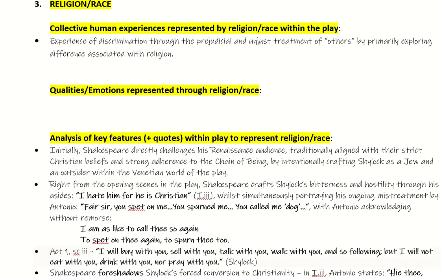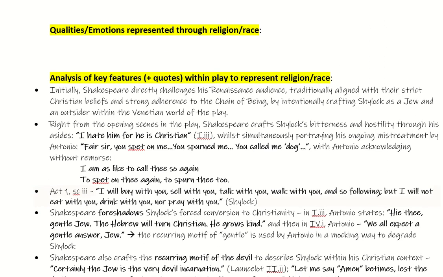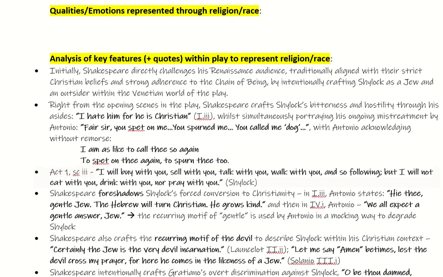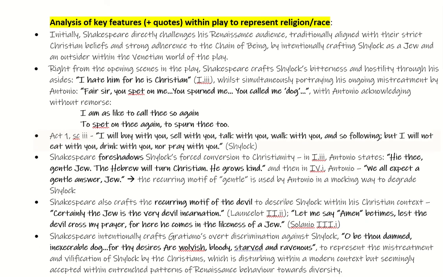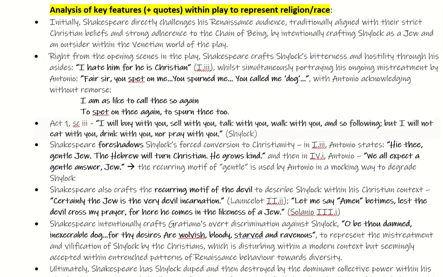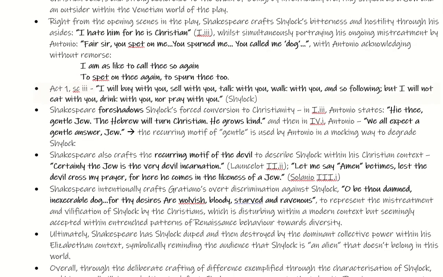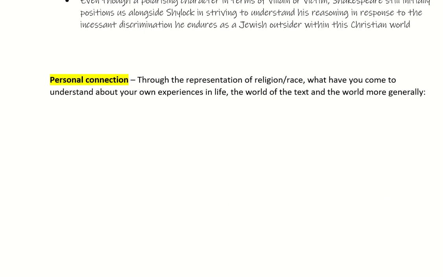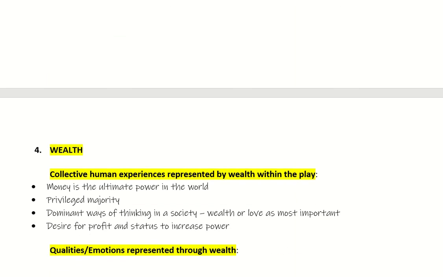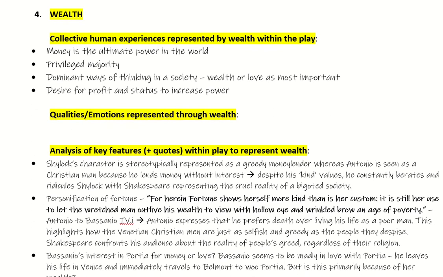So again, think through, I've given you some notes there, obviously most aligned with Shylock, but considering the broader representation within the dominant Christian worldview of the Elizabethan world, alongside a crafting of this racial, religious otherness that we see in the play. So again, have a think through some of the notes there, and again, you're doing the same pieces here as we've been talking through.